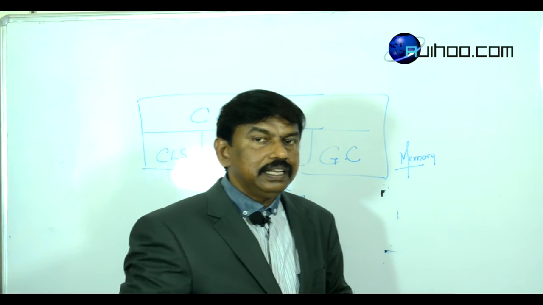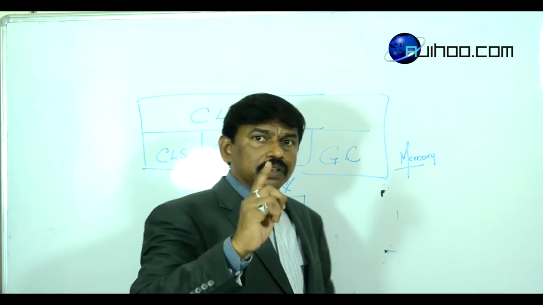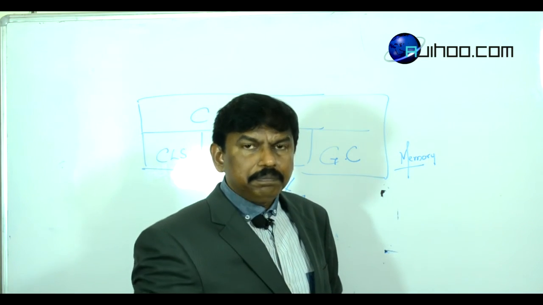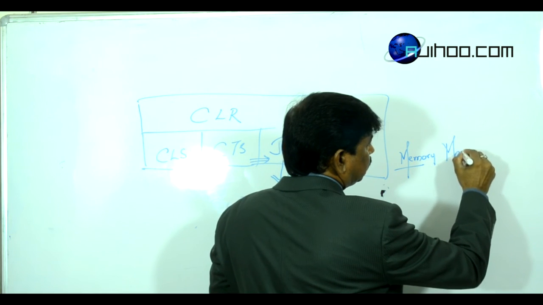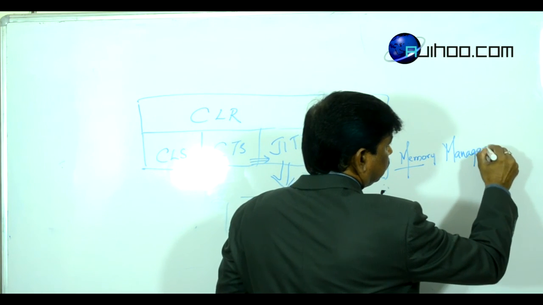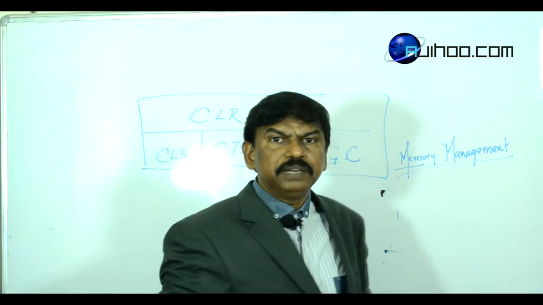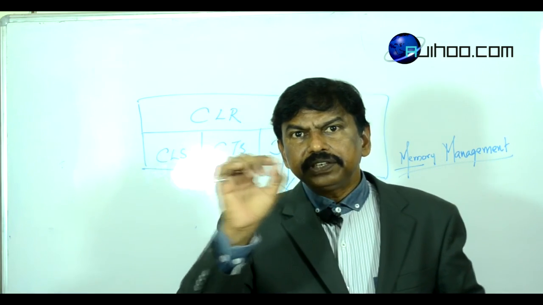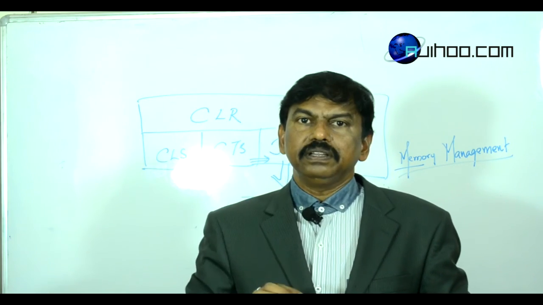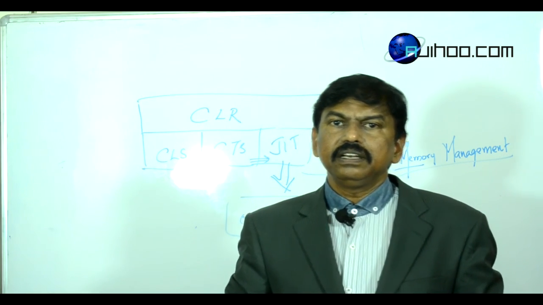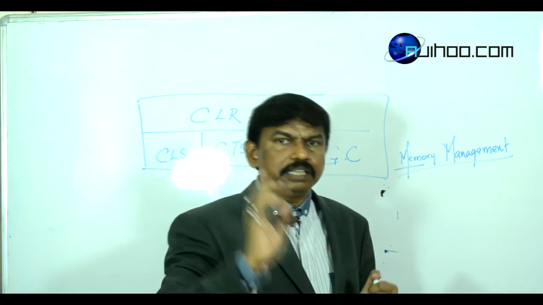Garbage collector is a part of CLR which will be used for memory management. Memory management means allocation of memory or deallocation of the memory. The memory allocation and memory deallocation will be done in such a fashion.